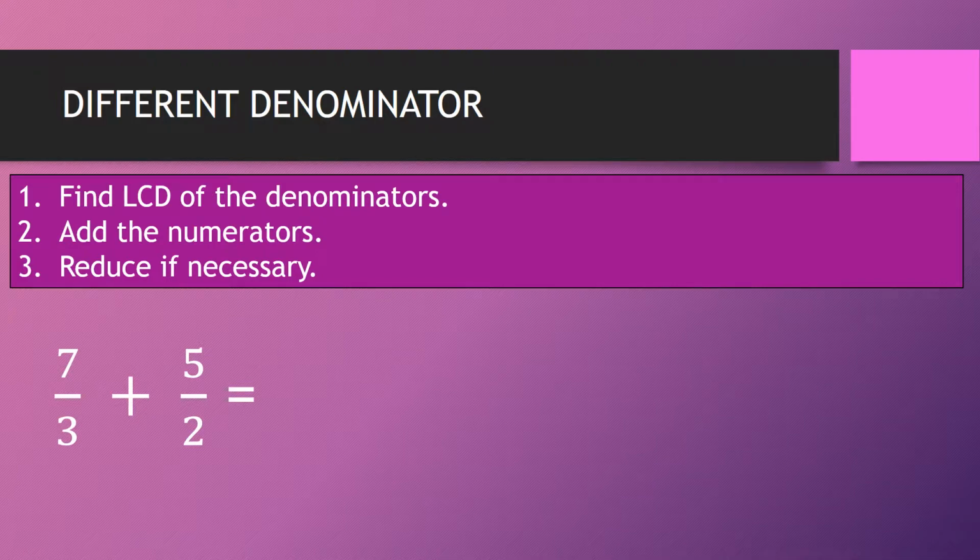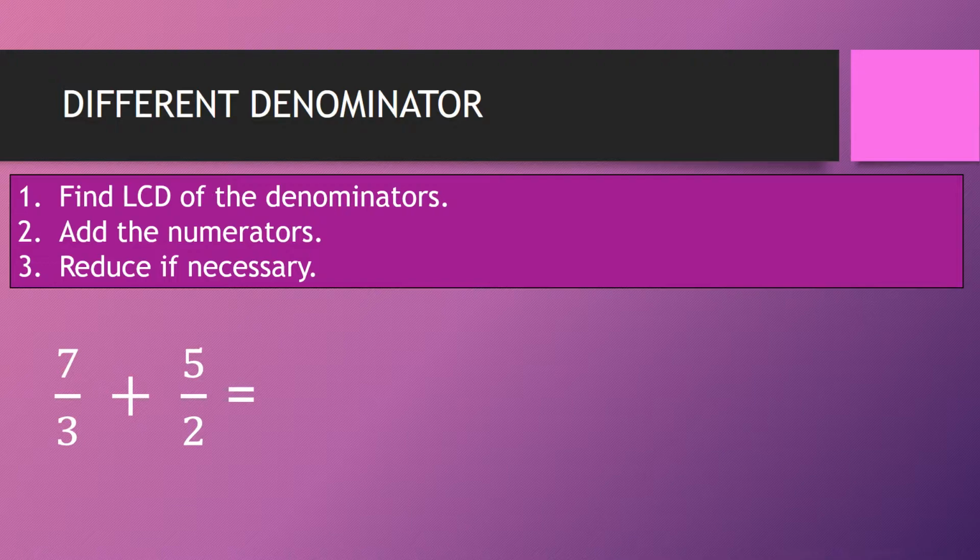When you have different denominators, I have to do 3 different steps. Step number 1, you need to find the least common denominator. If you don't know how to find the least common denominator, I recommend in my channel you look for the video, find LCD.